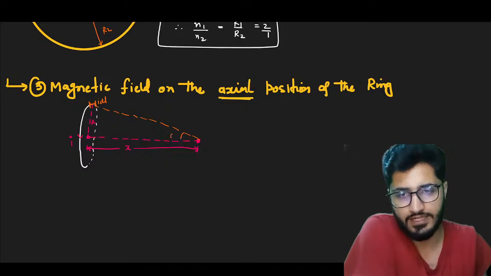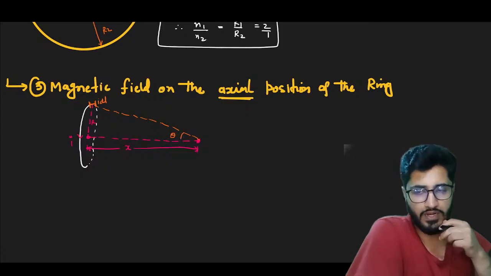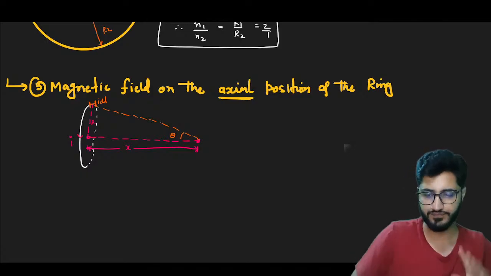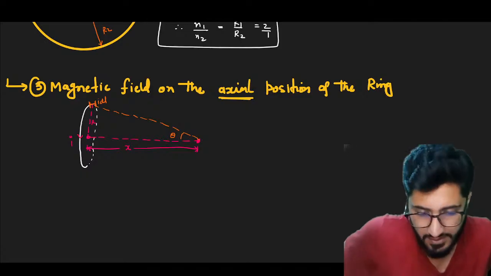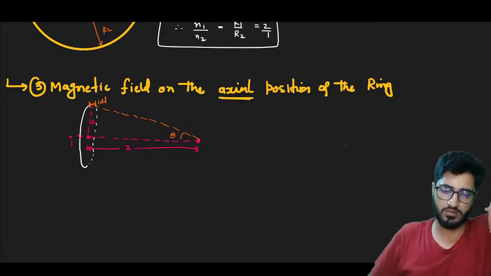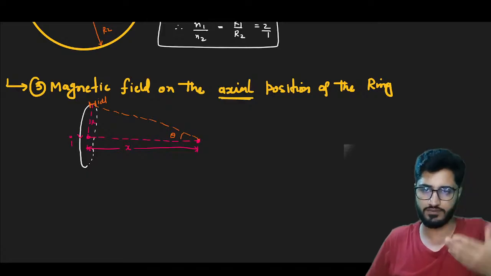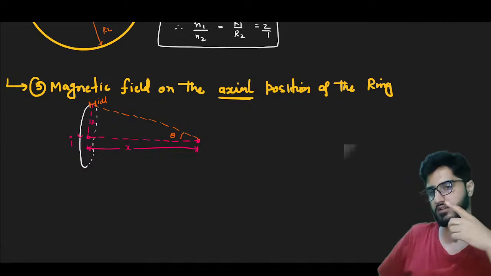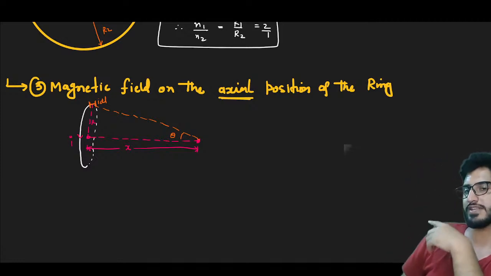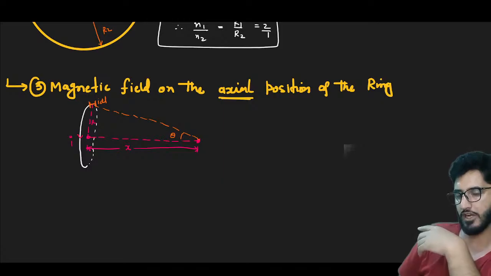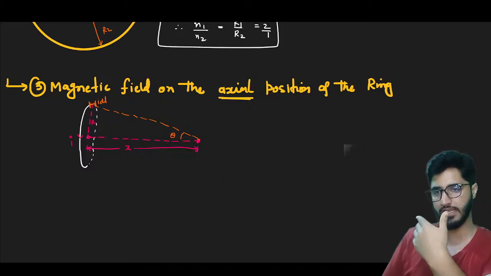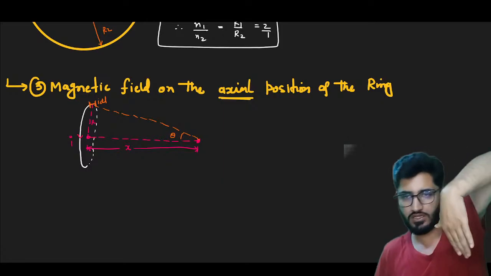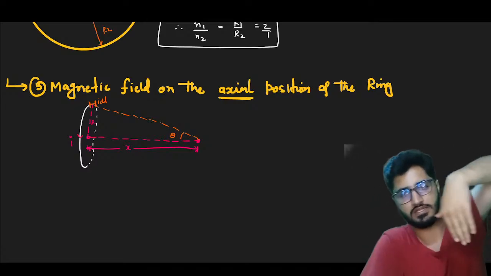If this angle is theta, take your hand now for directional properties. If current is going in this way, seen from this perspective it is anti-clockwise, it will be dot. So I place my hand in this way, and so this is the slanted height.